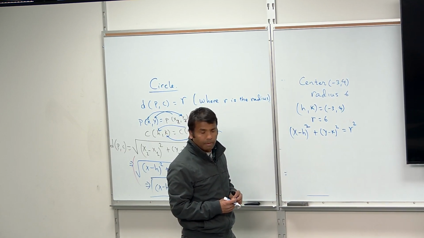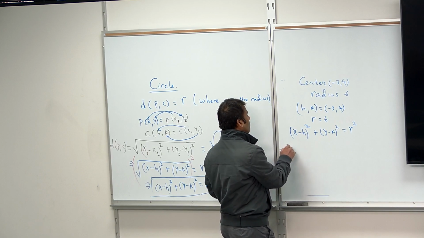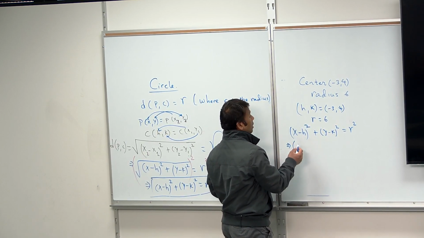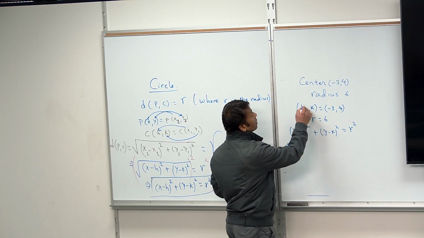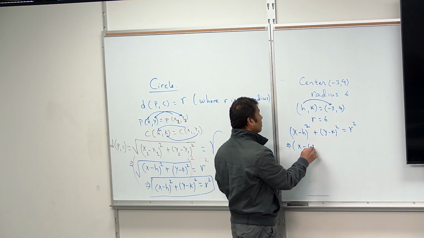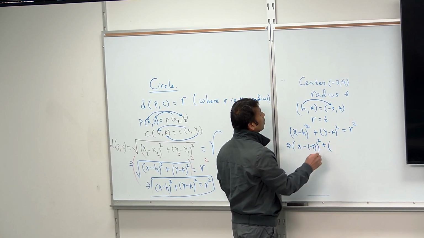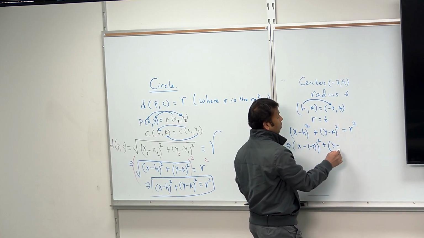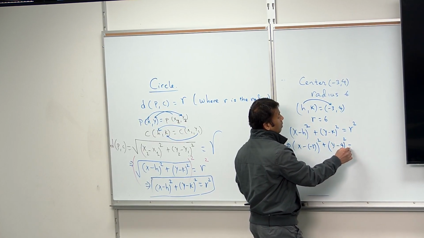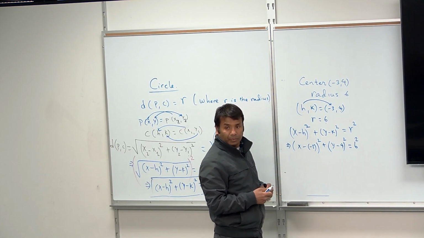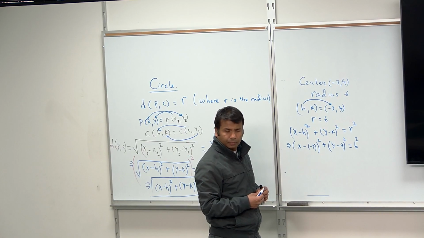Right? So now you have (x - h)². So x minus, what is the value of h? -3. So (x - (-3))² plus (y - what is the value of k)? 4. This is squared, equal to radius, which is what? 6². Does that make sense?